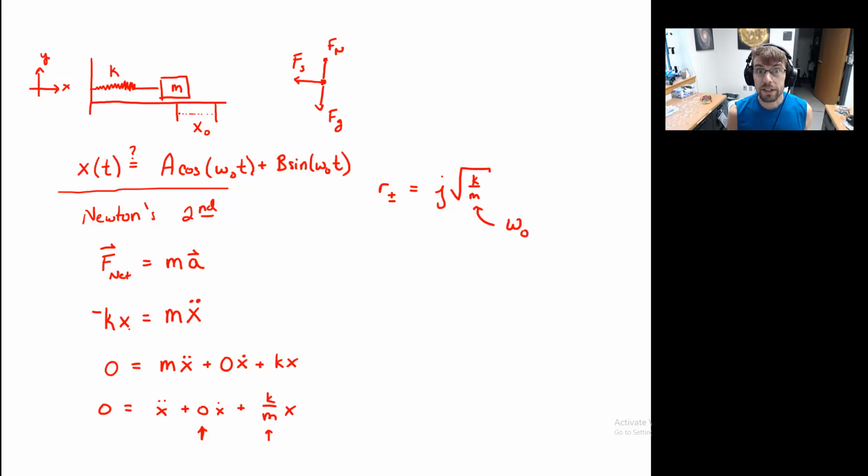And then lastly, we have to apply our initial conditions. At time equals 0, the box is at a distance x naught from the equilibrium. And that's enough to tell us that A is equal to x naught.